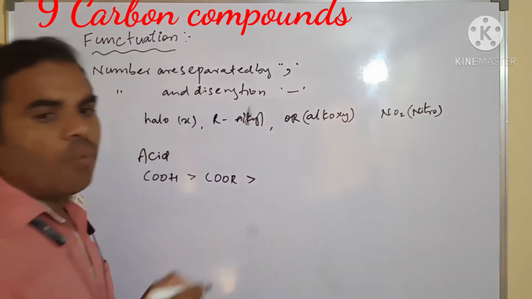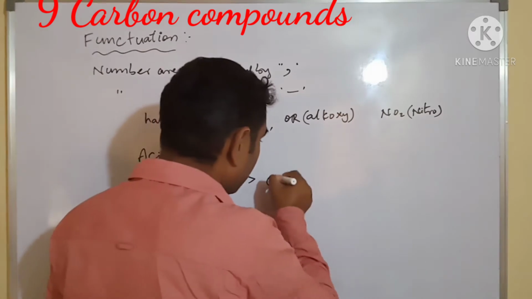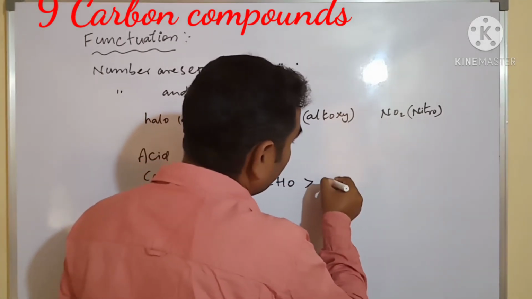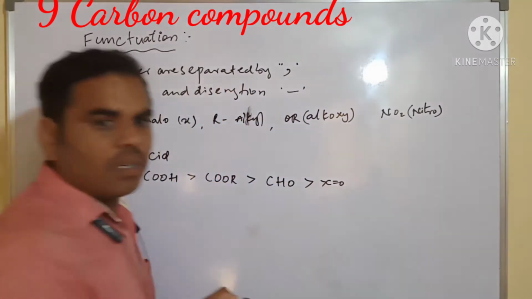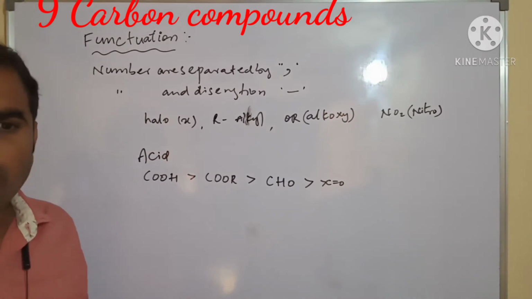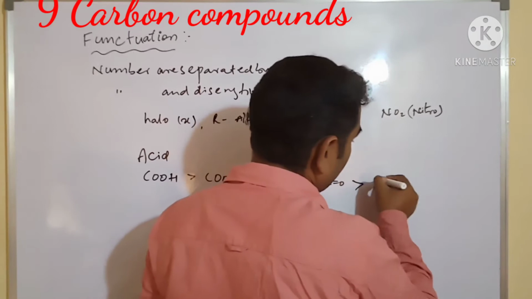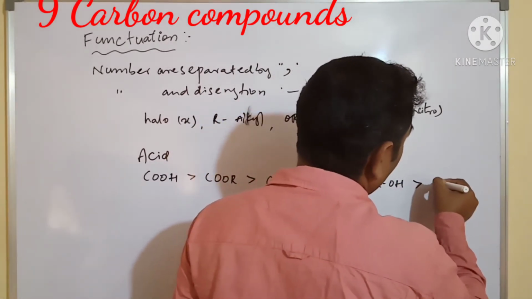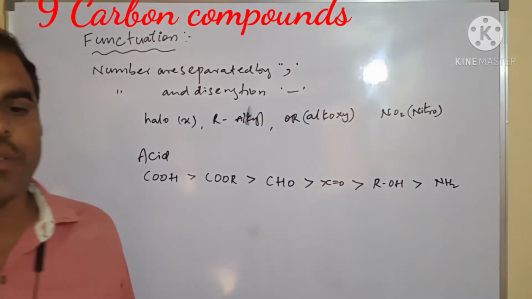After that the aldehyde, CHO aldehyde. After that the ketone. Next, the alcohol. And we have to write the amine group also.